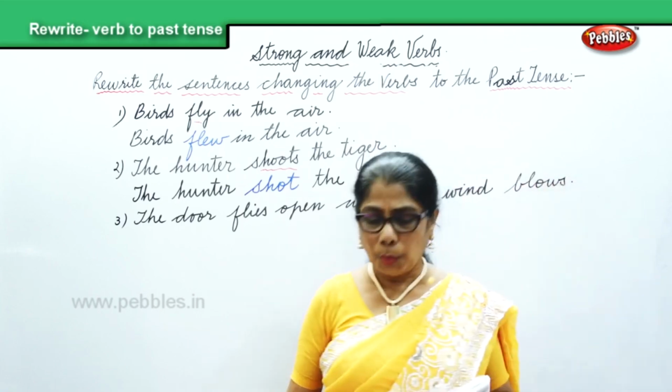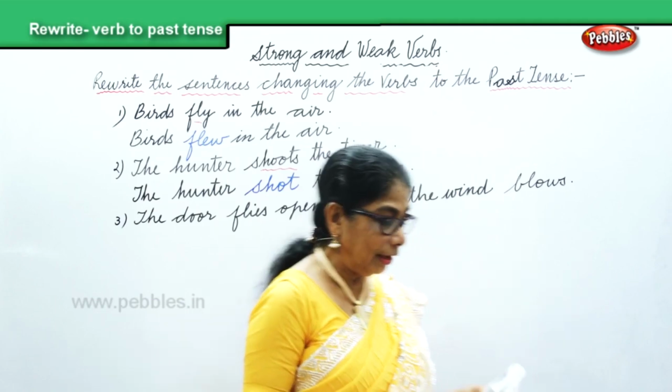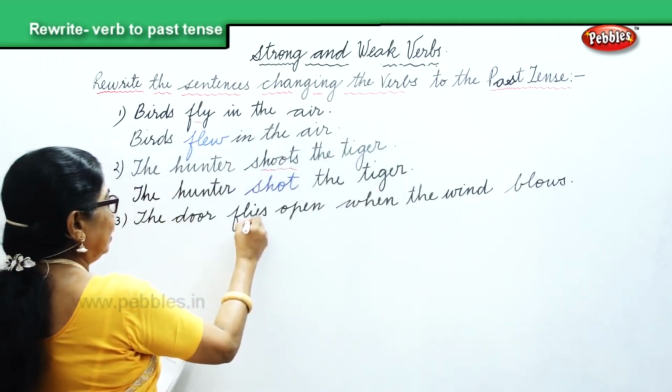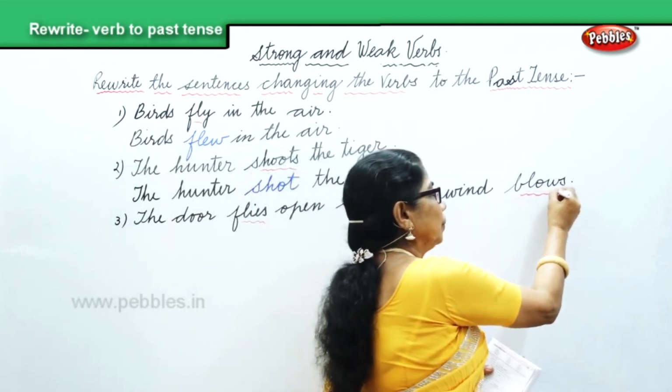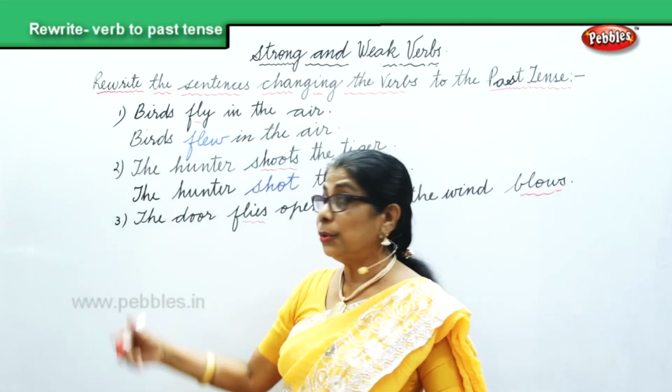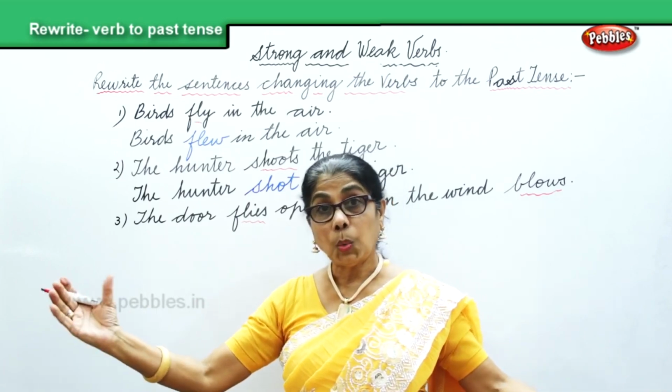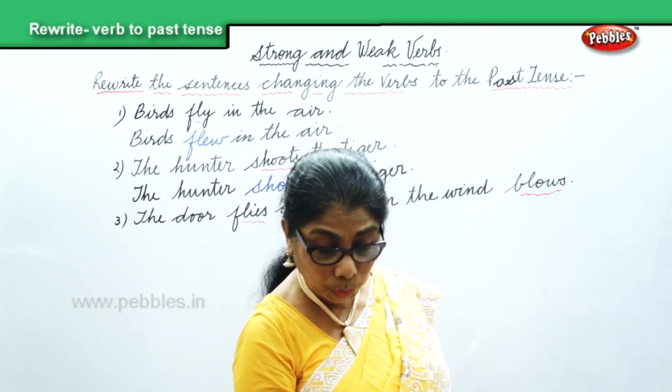Now, in this we have more than one verb. What are they? First is flies, and then we have another verb here, blows. The door flies open when the wind blows.